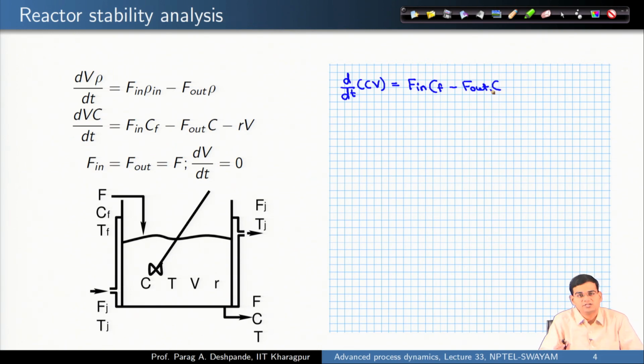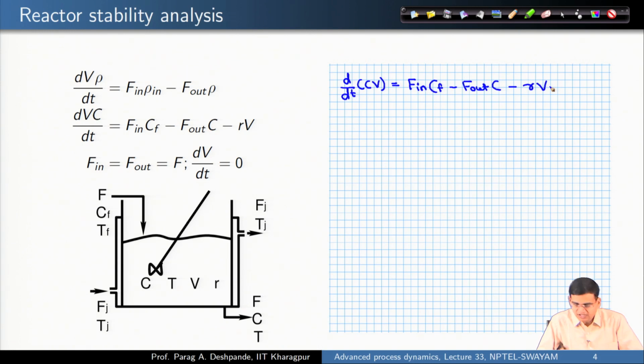So, the concentration of A in the outlet stream would be simply C, minus R times V. R is the rate of reaction, which would be expressed per unit volume. So, when you multiply it with volume, you will get the time rate of change of the concentration of A in the reactor because of the reaction.